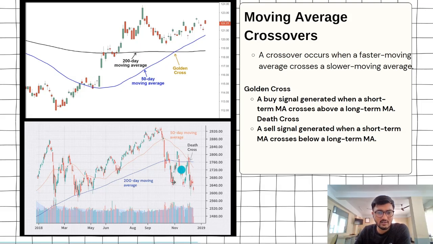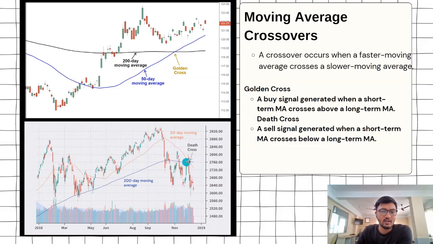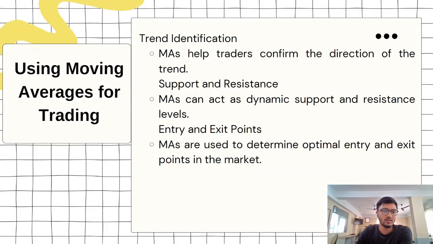So it signifies a bearish trend, and as soon as it crosses over, it's called the death cross. You can take a trade on selling a particular instrument, and you can make a good profit out of this.